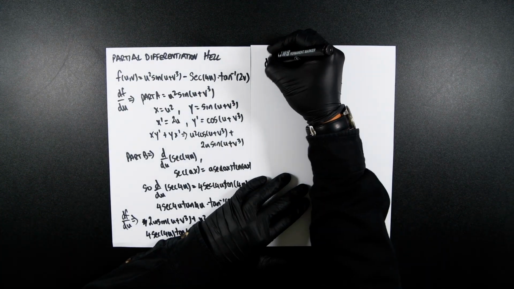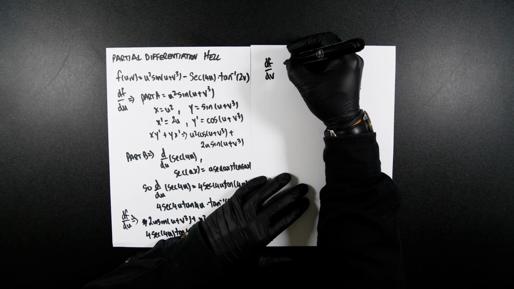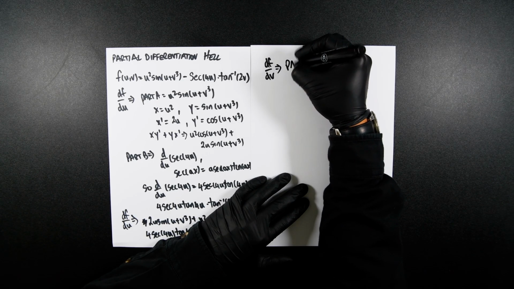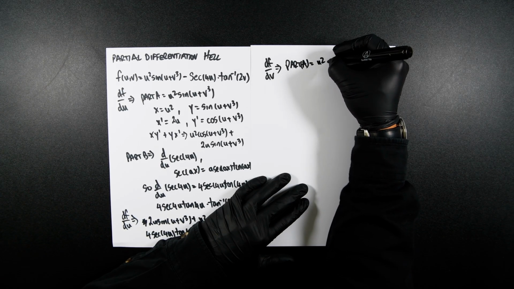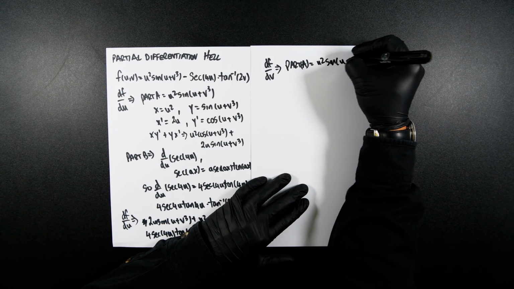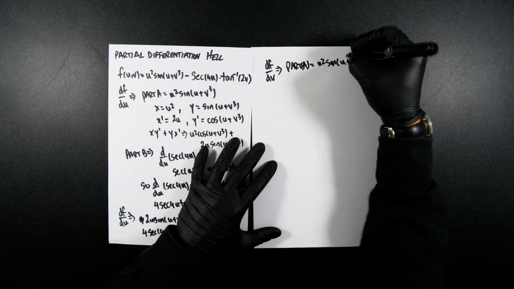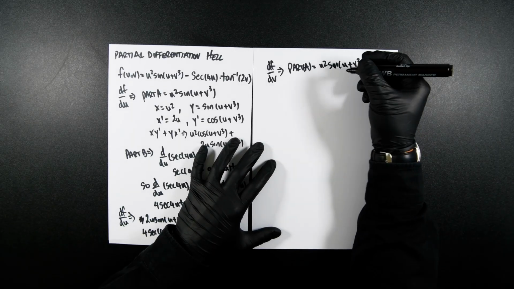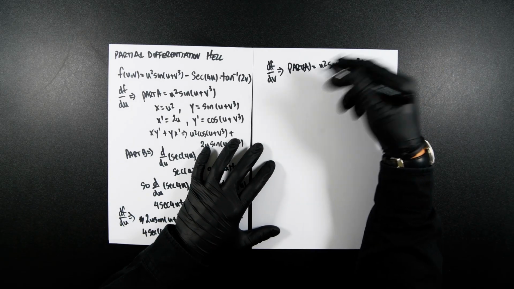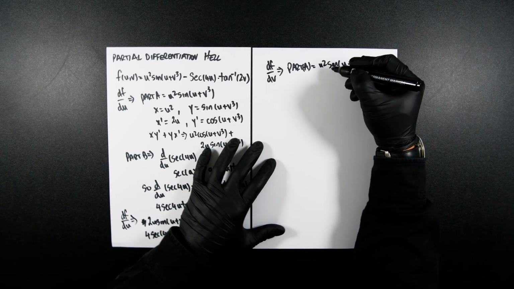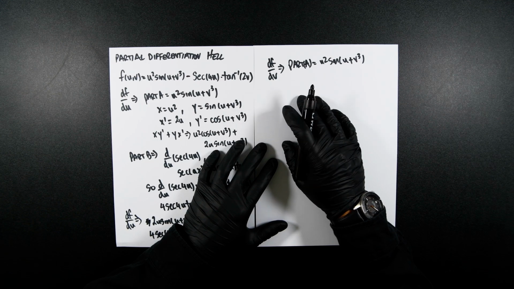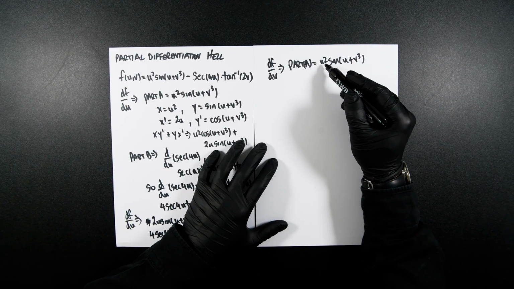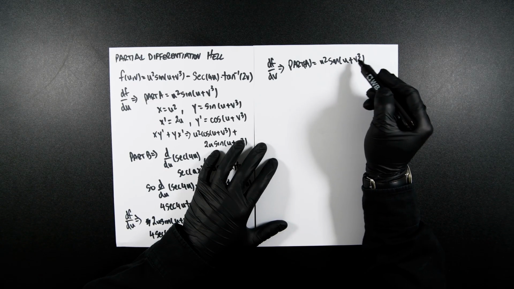So, df/dv. So again, we're going to break it up as part A, which is u squared sine(u plus v cubed). So we can obviously forget anything which contains a u in, and we're just going to be differentiating and looking at anything to do with v. So only obviously u squared doesn't depend on v, only sine(u plus v cubed) does.